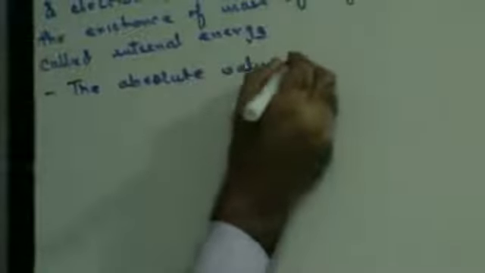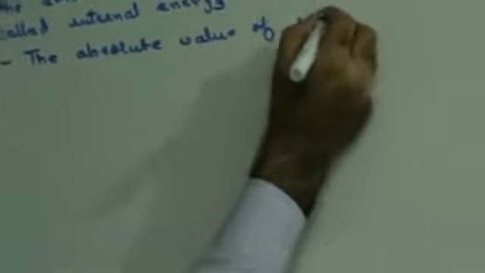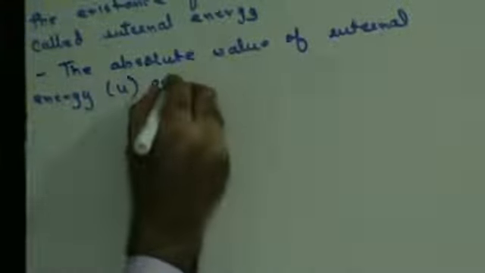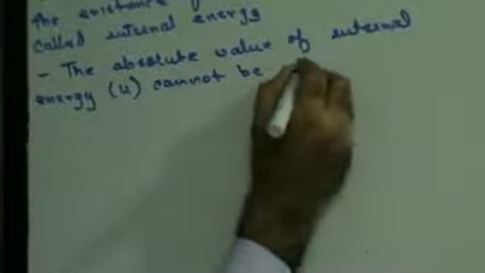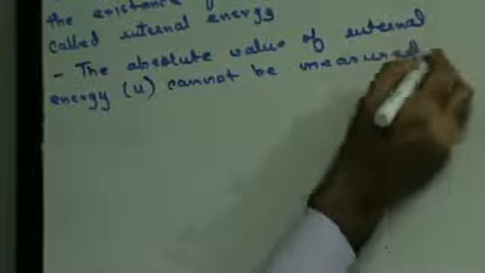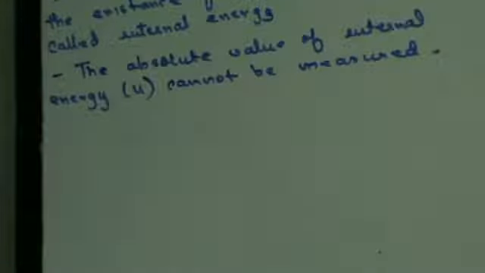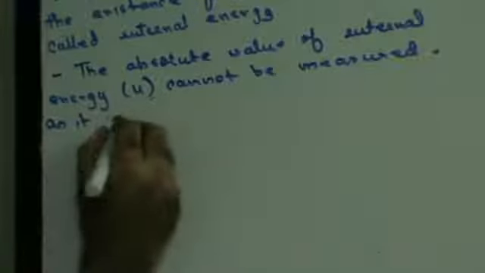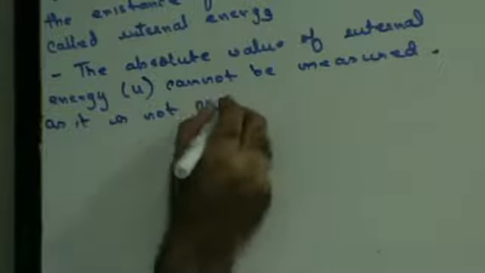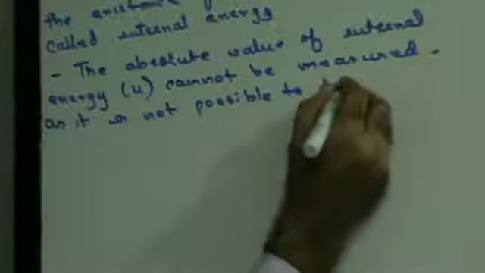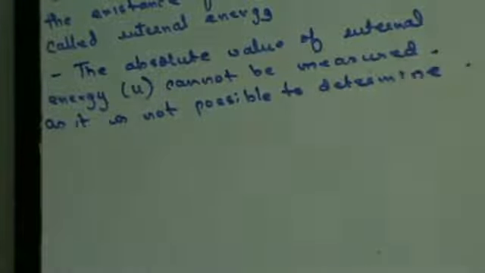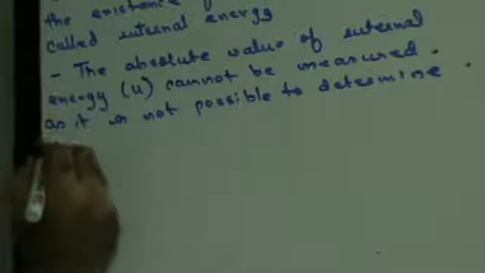I can say that the absolute value of internal energy is U. The absolute value of internal energy cannot be measured, as it is not possible to determine most of the quantities accurately.